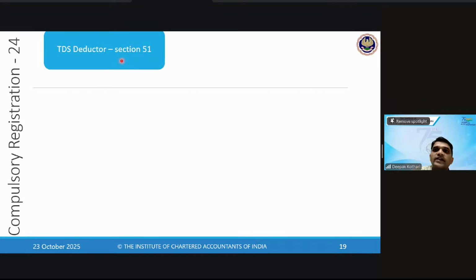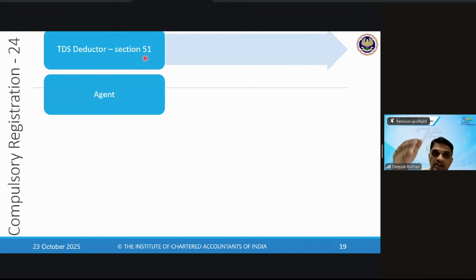So they cannot say, no, my turnover is less, I will not register. No. If you have to deduct TDS, then you must take registration. If you are a notified person as a TDS deductor, then you have to register. There are no exceptions. So in all these categories on the slides, we will see there are no exceptions. The first category had some exceptions, but in the second category, there are no exceptions.